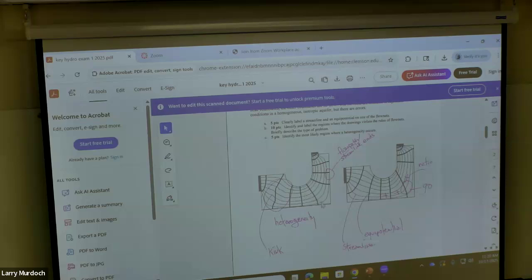So the flow net, yeah, aren't you glad that you didn't have to draw a flow net? And I'm really glad I didn't have to grade one too. What I did was I set up these flow nets using a model. So the flow net is going to be accurate, except when I put in things in the model that cause it to be off.